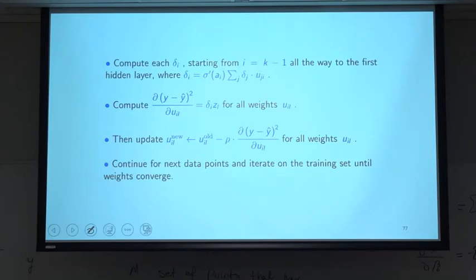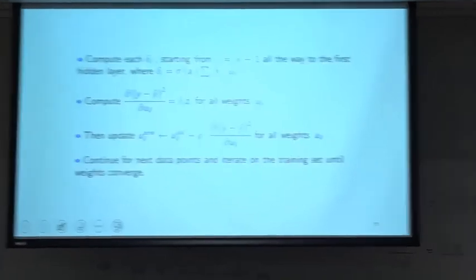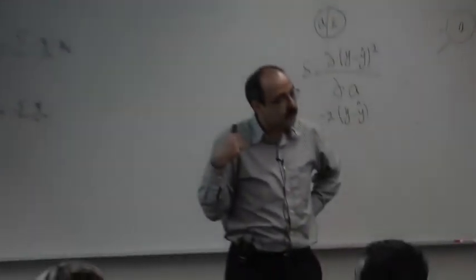Then when you have all of the deltas, it's easy to compute the derivative, because the derivative was simply delta i times Z l, and you have the Z l. Z l is the output of a perceptron. And you have the delta, and you have the derivative with respect to that weight. If you have the derivative, then you can apply gradient descent to that weight, the same way that we applied gradient descent to the perceptron.